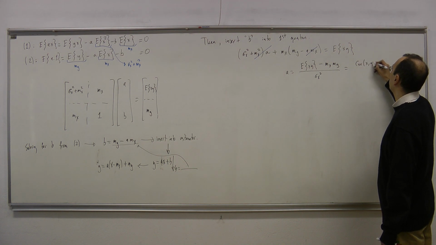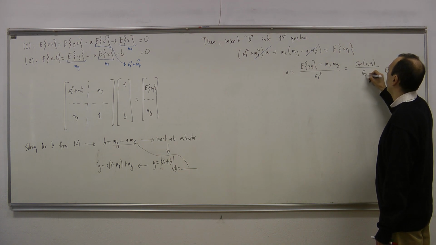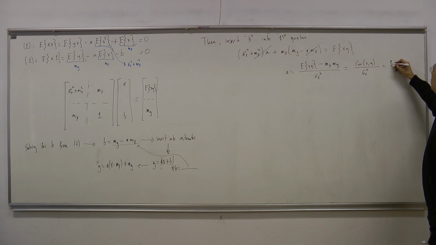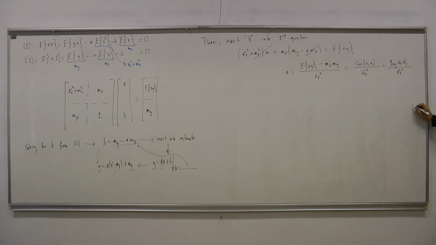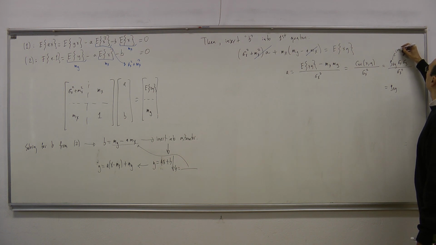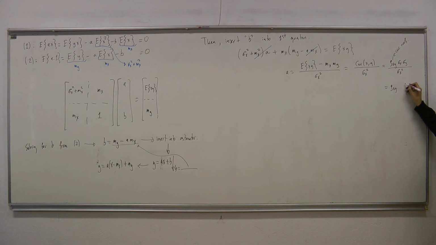This is the covariance of x and y divided by this. We have studied this at length. Then this is correlation coefficient times sigma x sigma y divided by this. Then finally I get my a value as the correlation coefficient times sigma y over sigma x. So you see that this is almost like the Gaussian case, but there is no distribution involved, as you see. Okay, very good. So I get this a value.